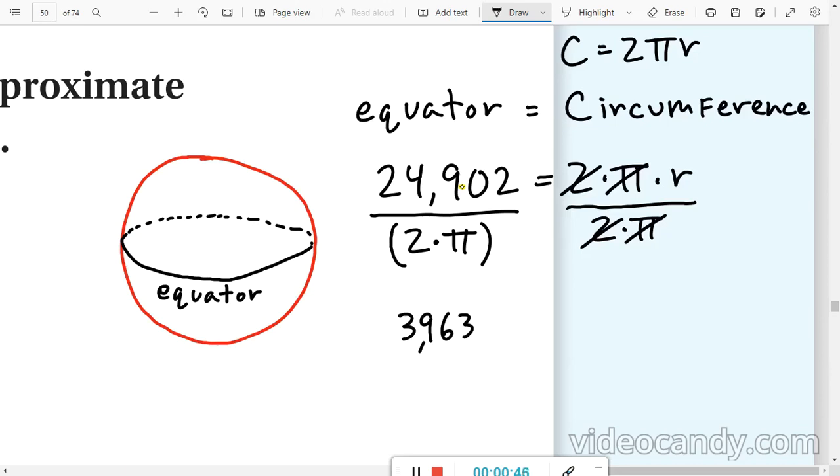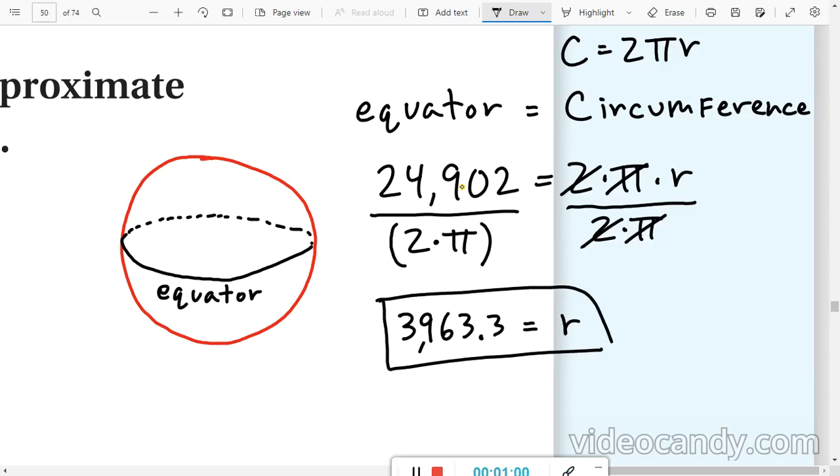I'll just use 1 decimal. We'll say 0.3. Okay, so that is r. Now, for a more accurate answer, if you want, you can keep all the decimals by storing the value you got on the calculator.